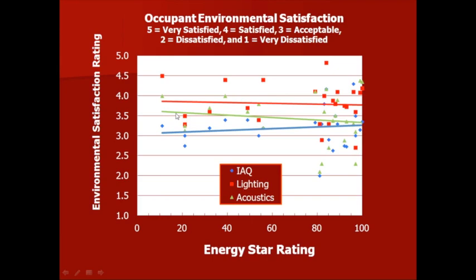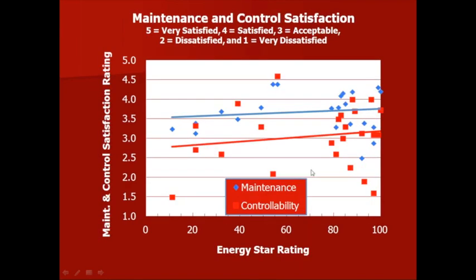The only decline we did have is with the acoustics. Some of these machines that got high Energy Star scores are very close to the occupants, and so there was a slight decline in that regard. And the maintenance and controllability, as you can see, was the real issue with most people. They were not happy with their ability to control the systems.